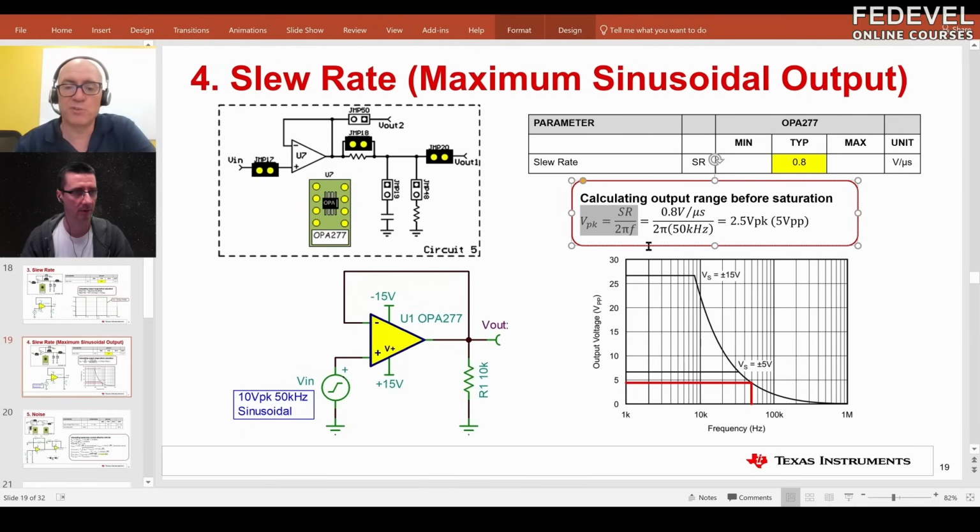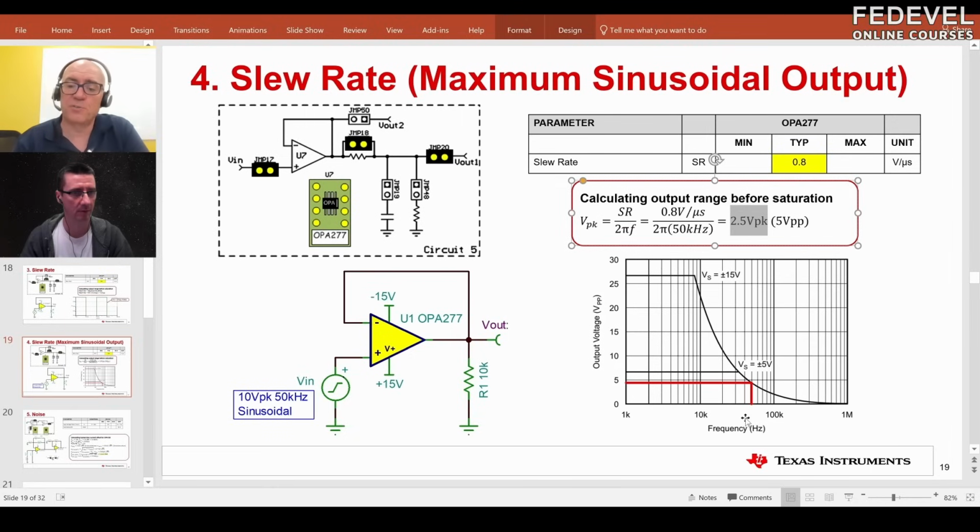You could use this graph and say for this circuit, based on this slew rate and the frequency of the applied signal, which is 50 kilohertz in this example, we could apply a sine wave of 2.5 volts peak, or 5 volts peak to peak.